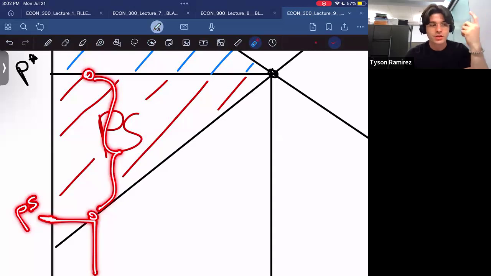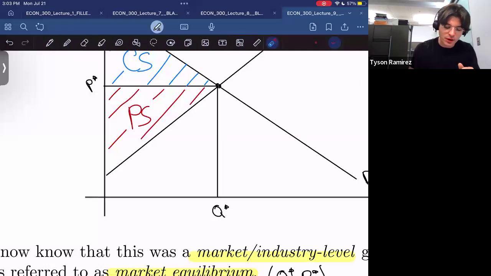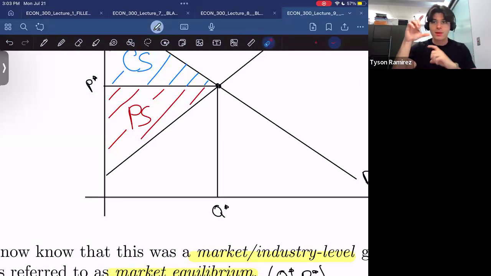It's a lot easier to measure a producer's surplus because it's just their profit. They don't have a demand function, they just have the supply curve. But nonetheless, the idea is the same. This is what they are receiving, the price that they sell for, and this is what it costs them to make that thing, whatever the price is given by their supply curve. So that's the intuition for these surpluses. It's always a measurement of benefit minus cost.